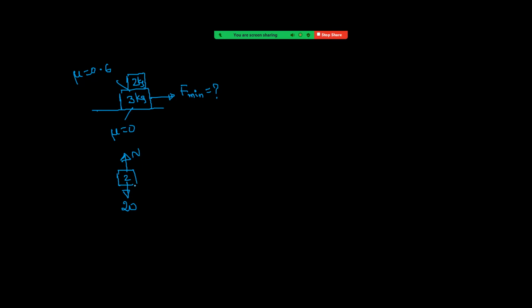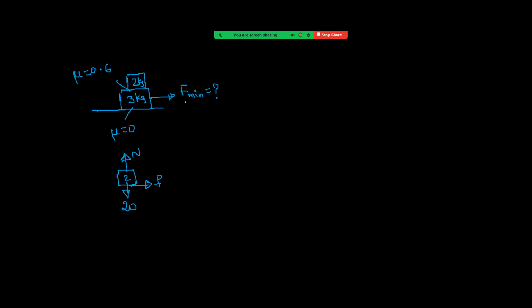There is no motion along vertical, so N equals 20. When we apply force on the 3 kg block to the right side, the 2 kg block also moves right side. That means on the 2 kg block, friction must be right side. So this value we have to find out.